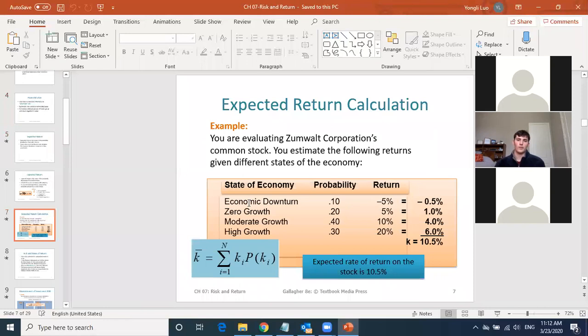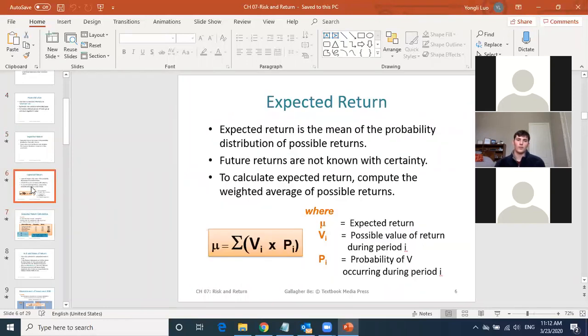Okay, so you can see, look at this. When you calculate expected return, it's going to be the possible value of return during that particular period times the probability of that value occurring during that period. And then you sum them up.